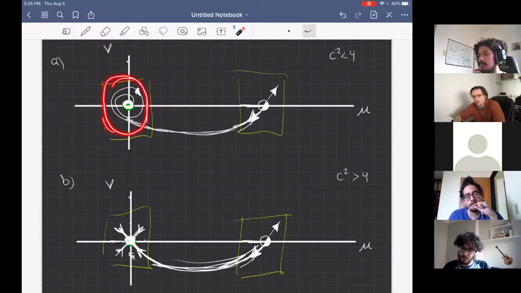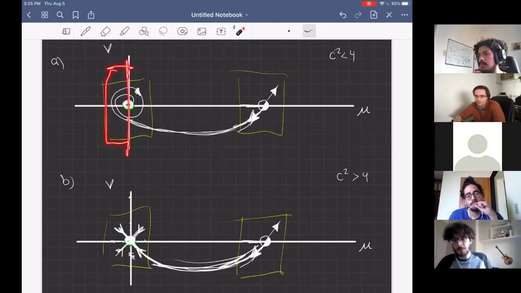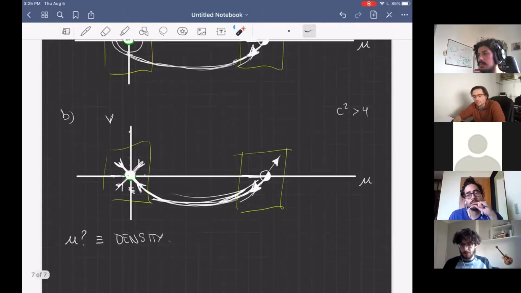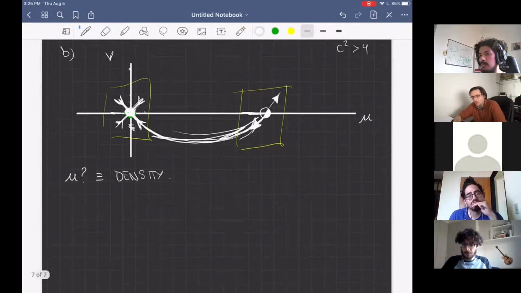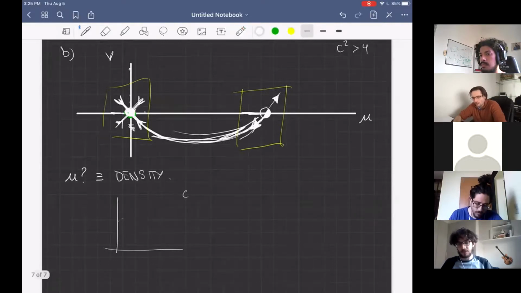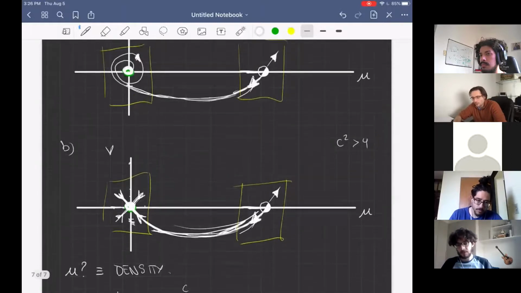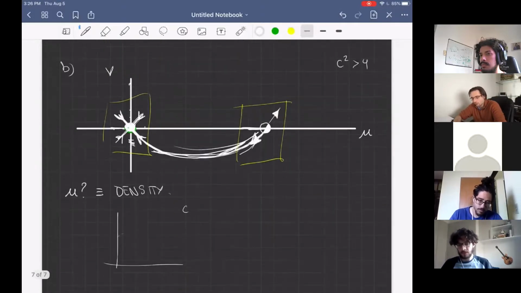And what happens when it oscillates? It takes negative values, right? It crosses the zero axis. And that's not very realistic for a density. So the whole idea of this analysis is that if I have a velocity, a c squared, of my traveling wave that is smaller than 4, my solutions are going to look something like this.